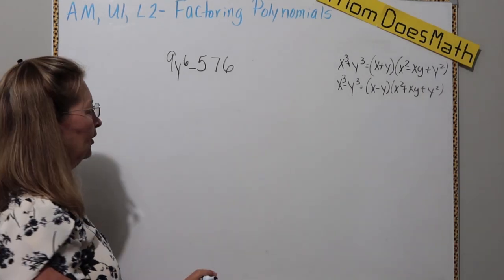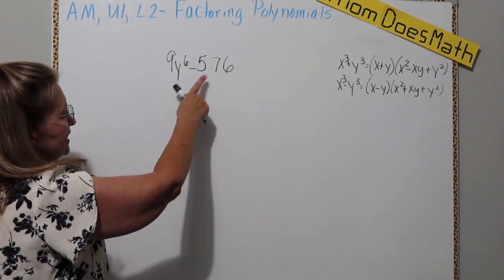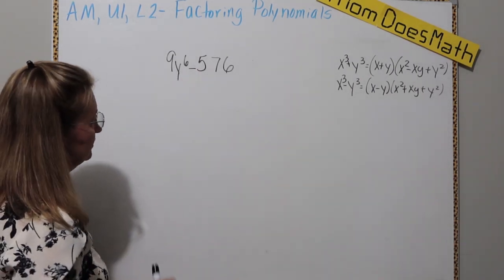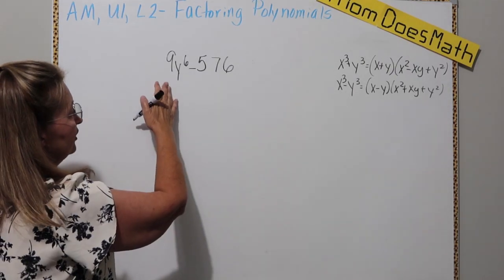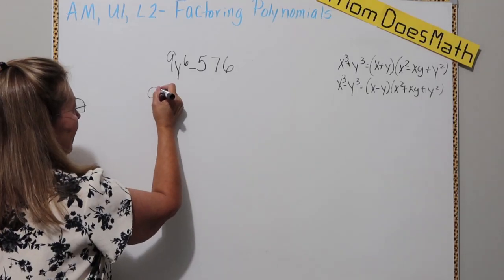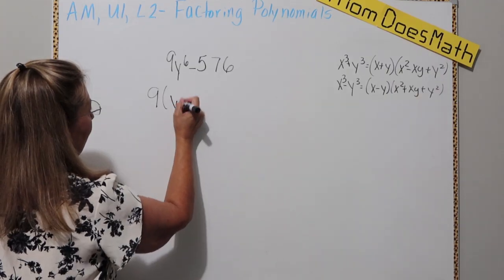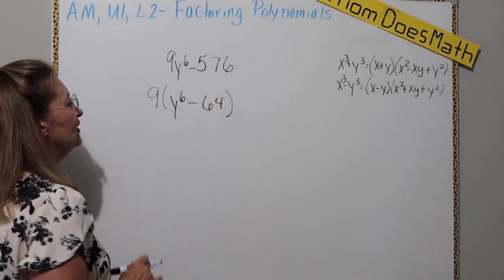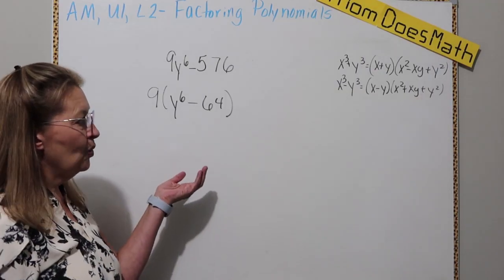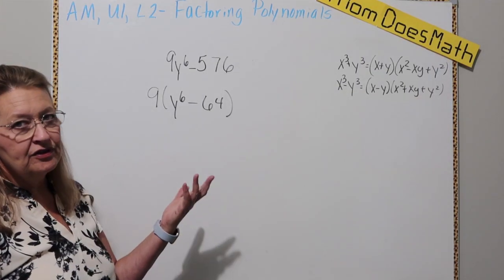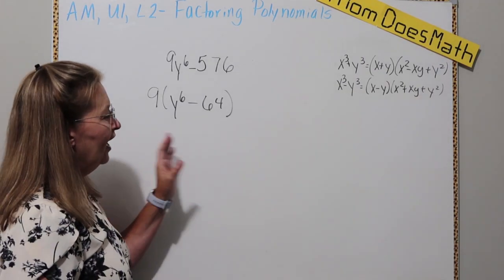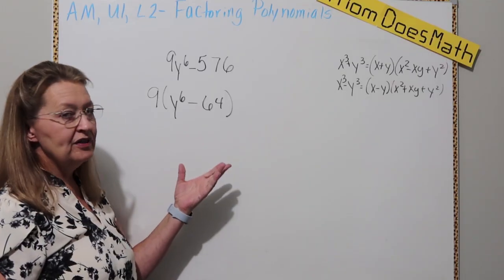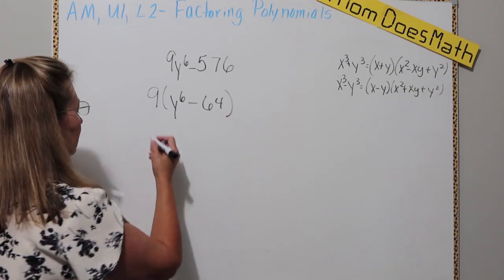Okay, let's knock out number 31. 9y to the 6th minus 576. A greatest common factor here is 9. So when I take 9 out, I'm going to have y to the 6th minus 64. Now if you look at this, you actually have a difference of 2 squares and you have a difference of 2 cubes. If you have an option like that, go with the difference of 2 squares.